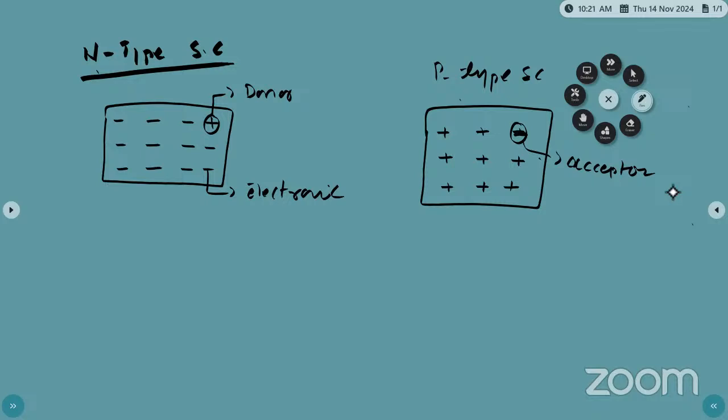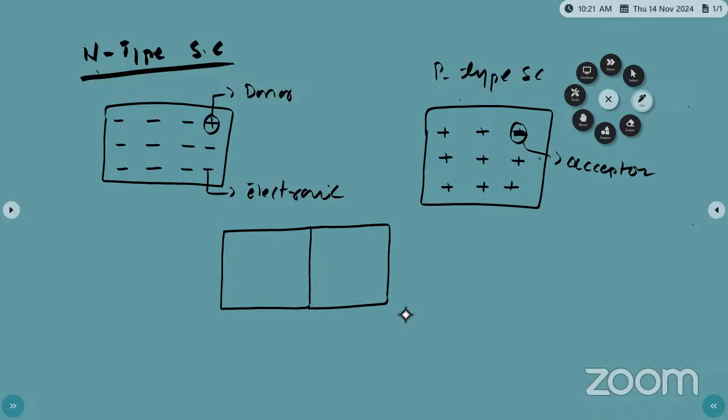Now, the next one: if you are joining the P-type and the N-type semiconductors, simply join both of these impure semiconductors. We are not connecting any power supply.